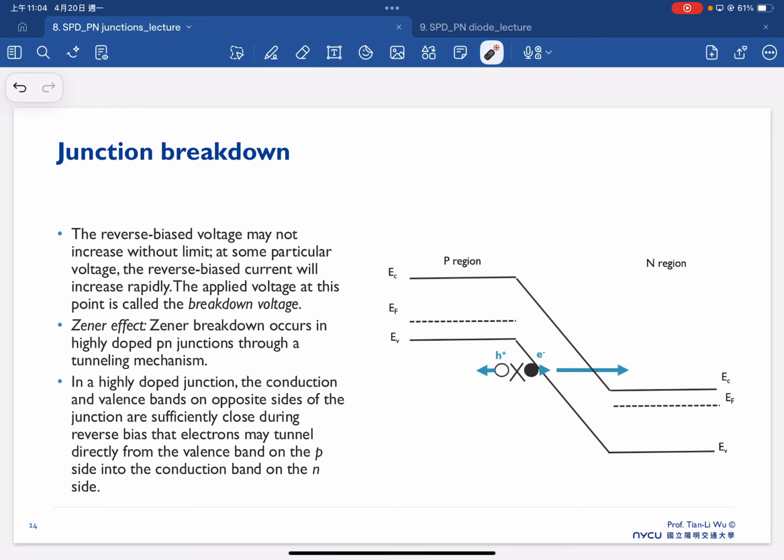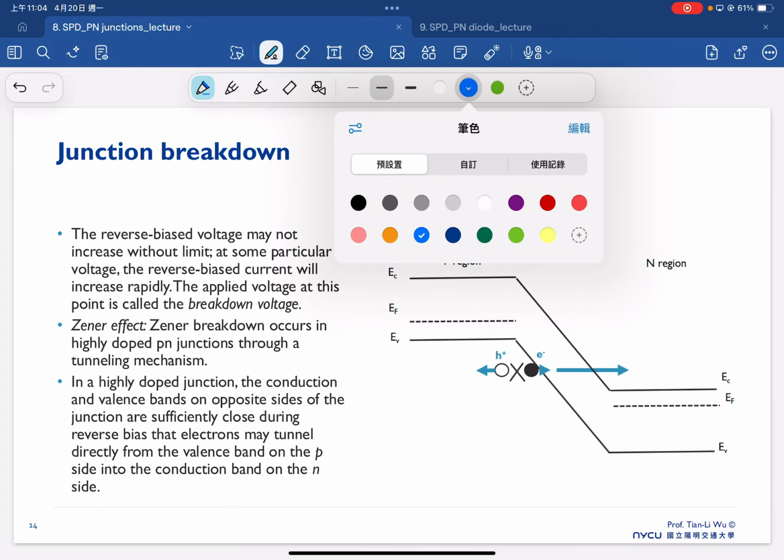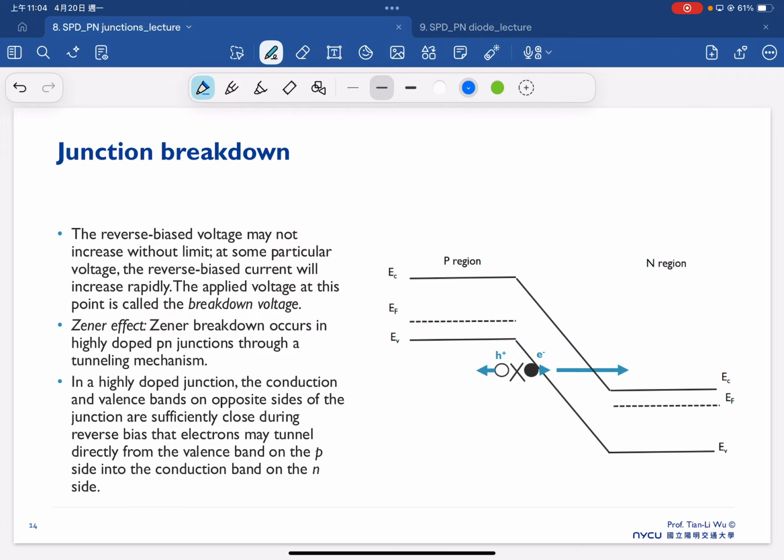Okay, so now we will start to talk about some non-ideal effects here. Previously, we mentioned the typical IV characteristic, where we have the anode current versus anode voltage. Ideally, based on the concept of the built-in potential barrier, as we increase the reverse bias, the depletion width becomes wider.